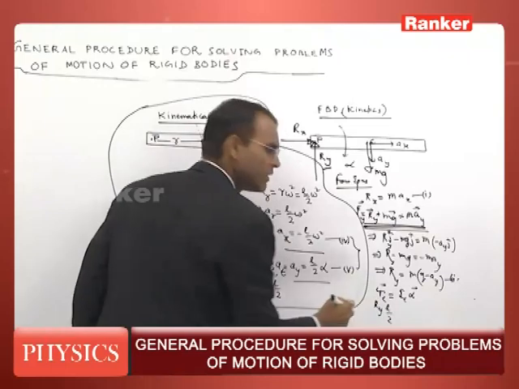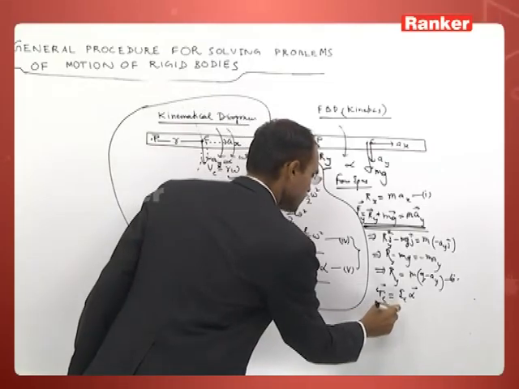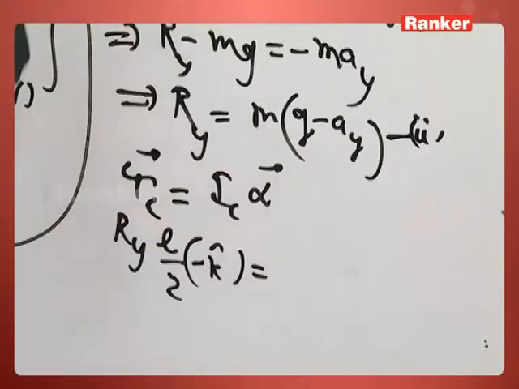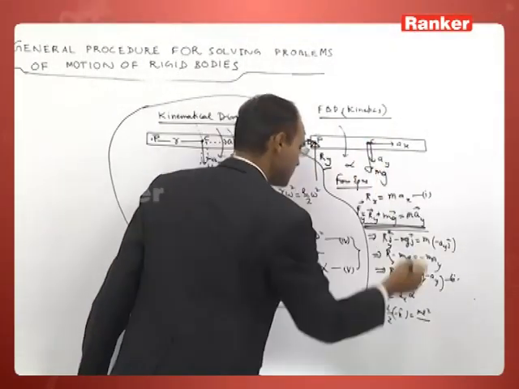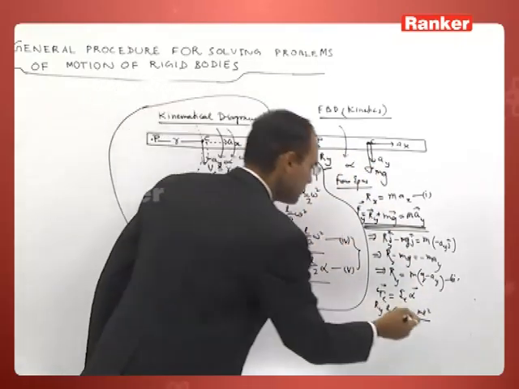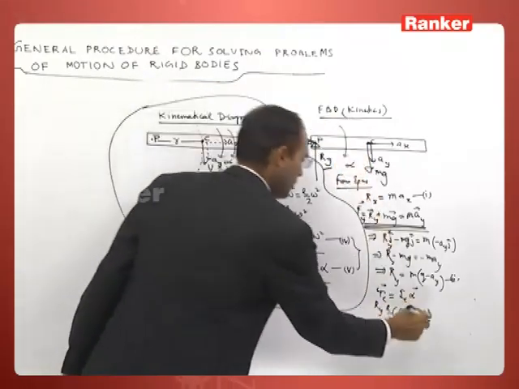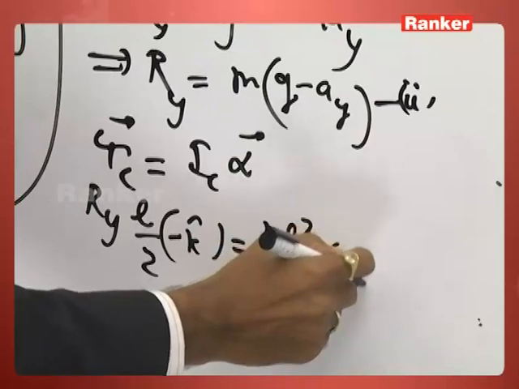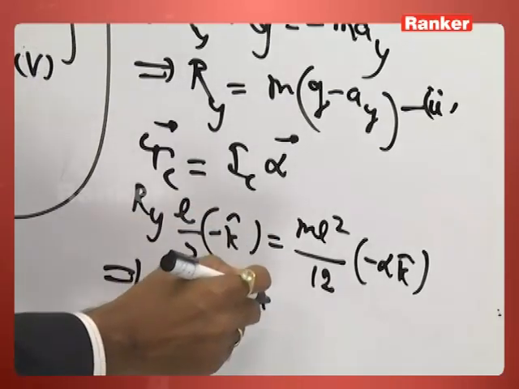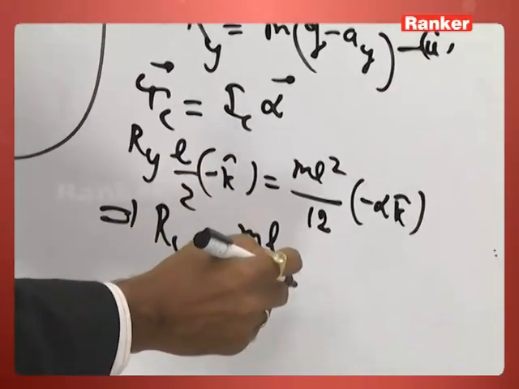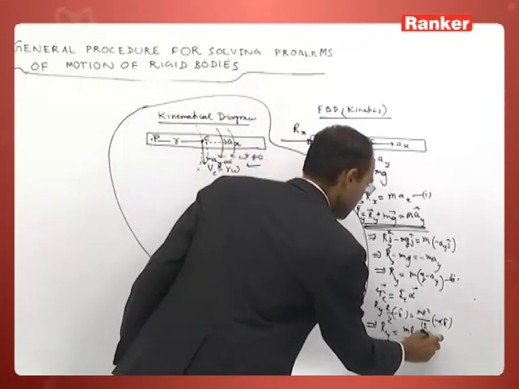In negative z direction or clockwise direction, into minus k cap is equal to IC, the moment of inertia about the centroidal axis along z direction, that is ml square by 12 into alpha. Alpha we have assumed in clockwise manner is minus alpha k cap. This gives us Ry is equal to m L by 6 alpha. This is equation number 3.